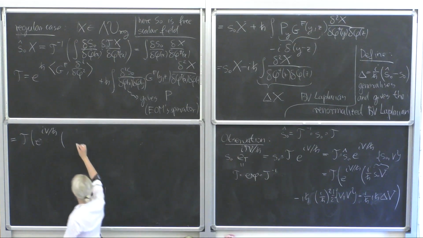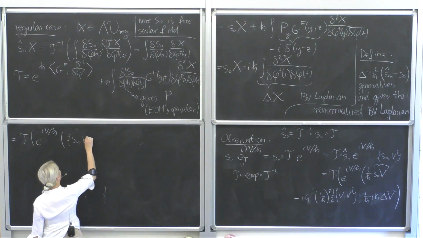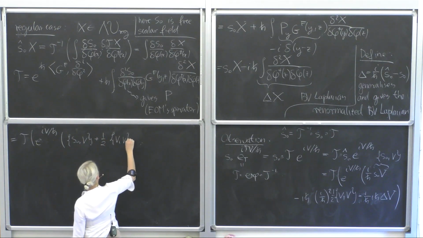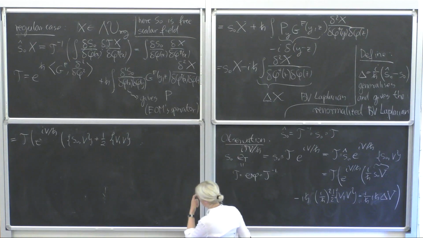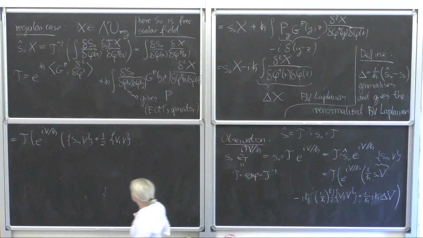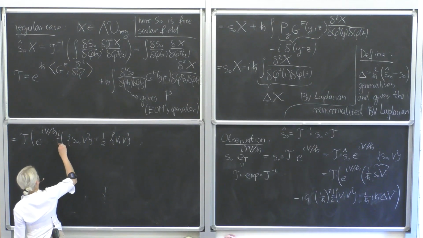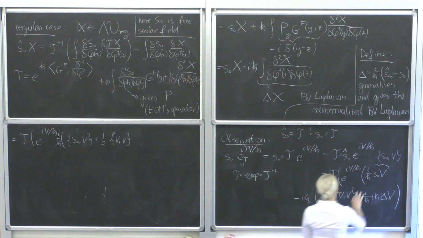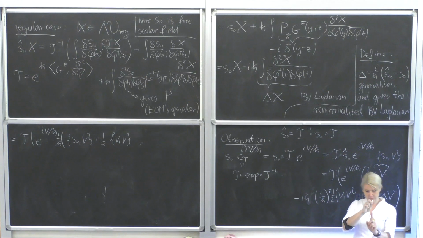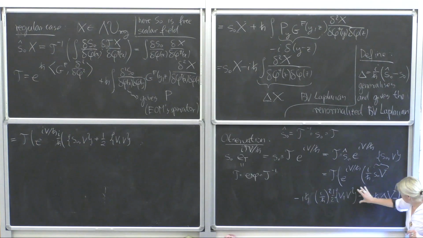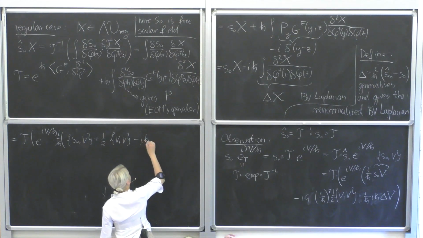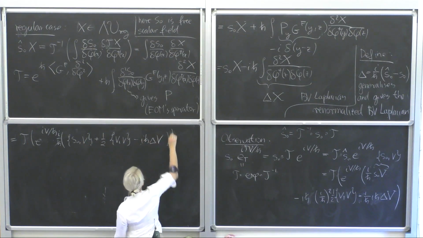Okay, so S0 V plus 1/2 VV. I'm pulling out one factor of i h bar in front of everything. So i h bar, so that clears this. One of those. These guys come with the plus, so that's okay. And this guy comes with the minus. Incredible.